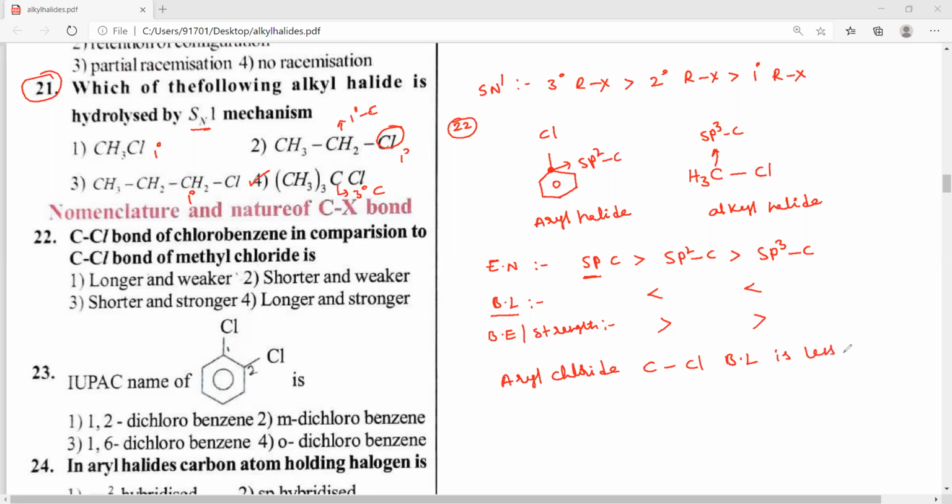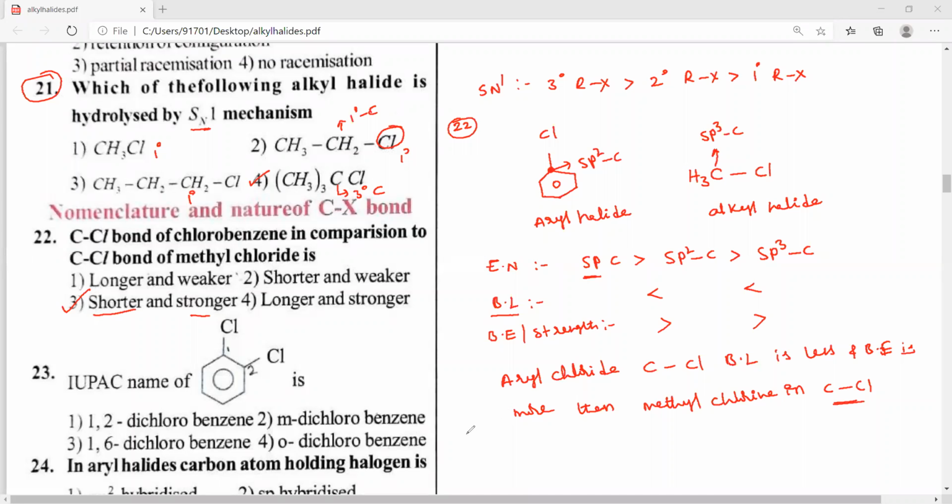The bond length is less and the bond energy is more than in methyl chloride, in the carbon and chlorine bond. Understood? So the answer is that the carbon-chlorine bond in chlorobenzene has a shorter bond length but is stronger. So the third option is correct.